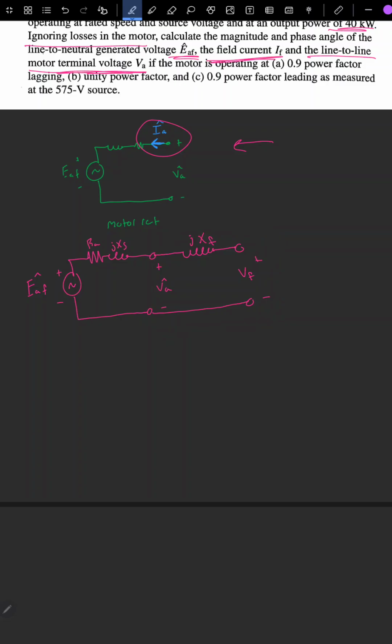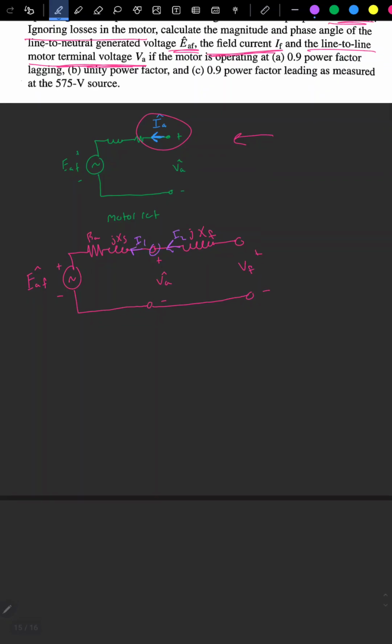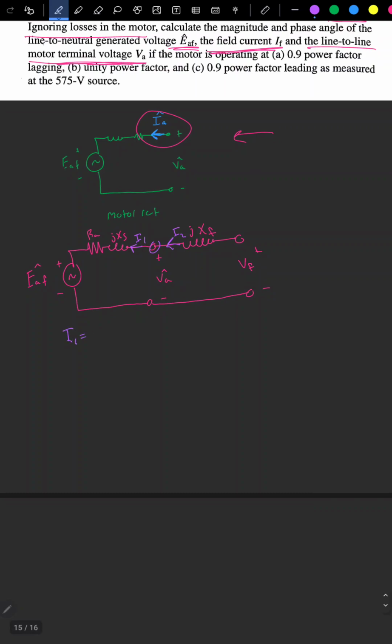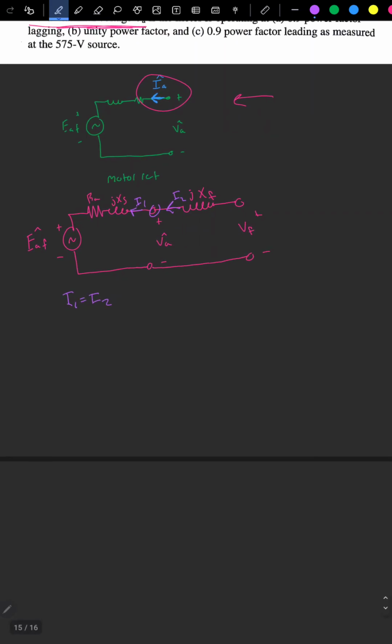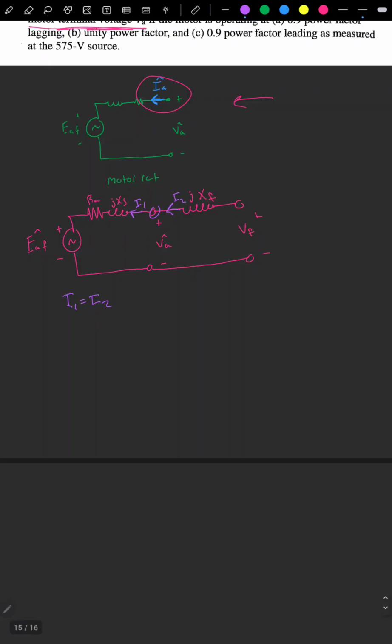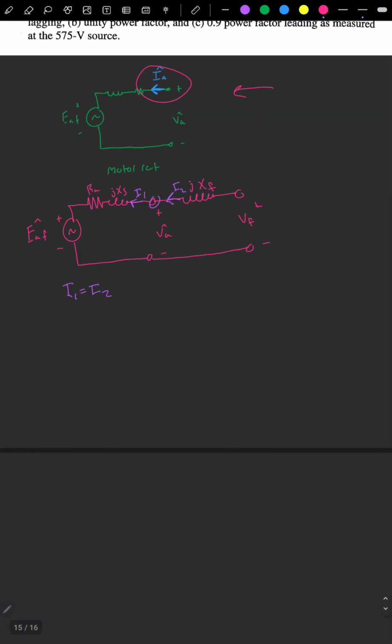But notice, it's still all an open circuit. So this would technically be I2, and this would be I1, well, there's no branch. So there's no separate current, so we still know I1 equals I2, which makes our lives very easy. So what do we know from the equation that could help us get I?